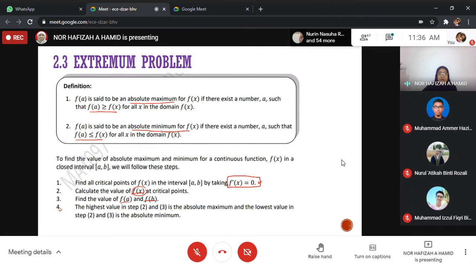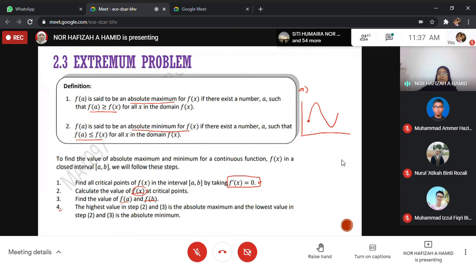Okay, so for extreme problem ni kita kena consider interval juga. Sebab dia contoh saya bagi you example in terms of graph, nanti senang sikit you tengok. Okay, so kalau in terms of graph, for example, saya ada this graph. Okay, contoh dia. Saya ada macam ni.